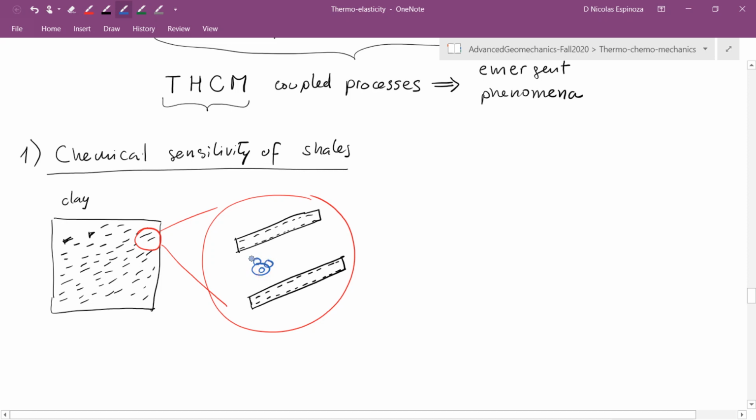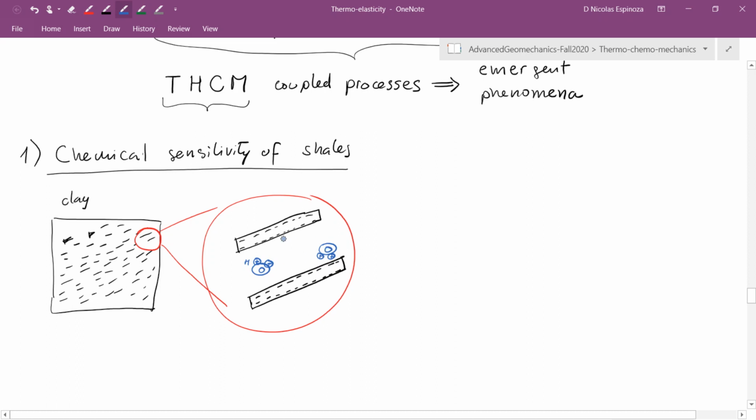This is the oxygen, and these are the hydrogen, and the hydrogen is positively charged, so that this positive charge tends to be attracted by the negatively charged surfaces. So this is the oxygen again.